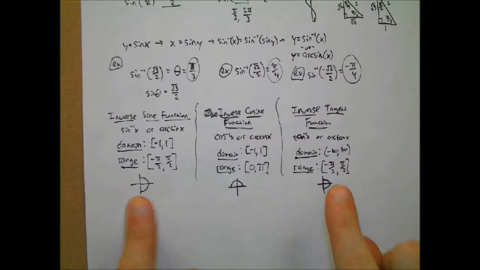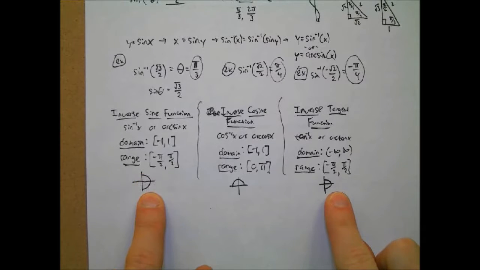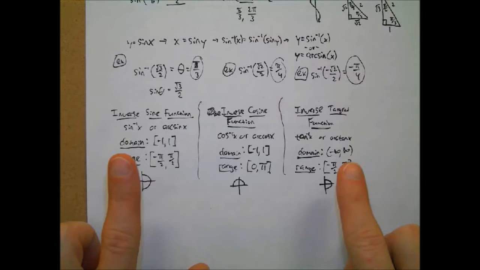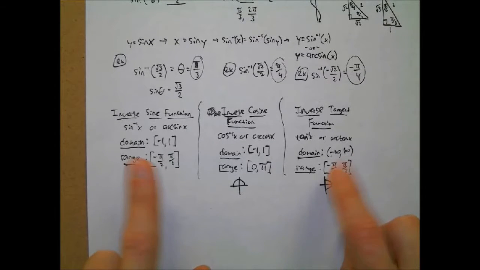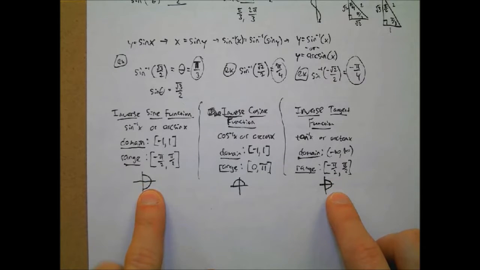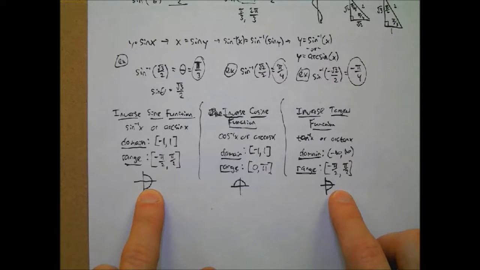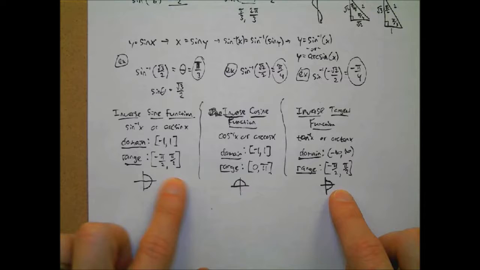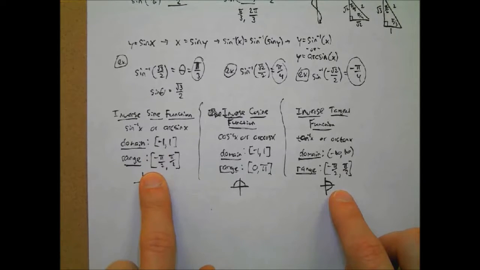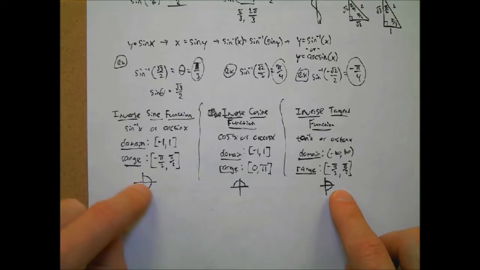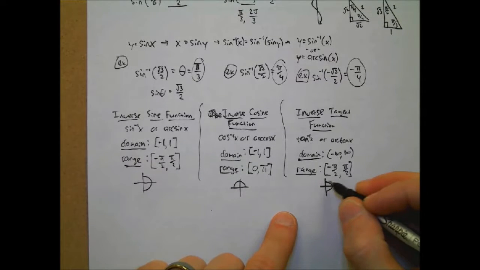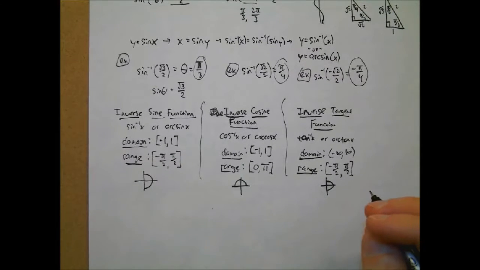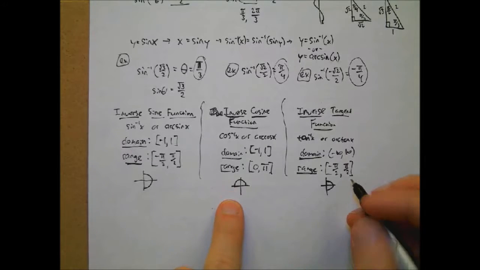We include quadrants 1 and quadrant 4 in the range of our sine and tangent because in quadrant 1, in both cases, right, both sine and tangent are positive, and in quadrant 4, sine and tangent are both negative. So we cover the entire range of possibilities if we do just from negative pi over 2 to pi over 2, this side. Same thing here. If we go from negative pi over 2 to pi over 2, we cover all of the possible positive and negative angles there. For cosine, though, cosine's positive in the fourth quadrant.